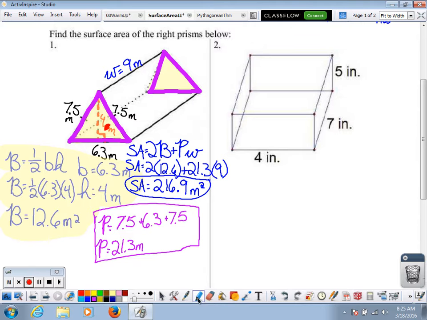So, let's take one of those colored pencils, and let's shade in the front. And let's shade in the back. Then we'll take the other colored pencil and we'll outline the front and the back.